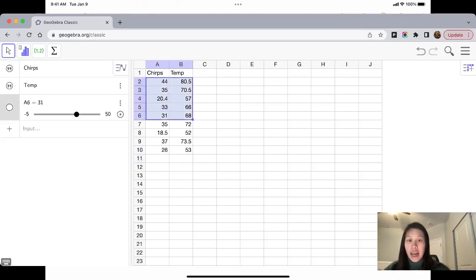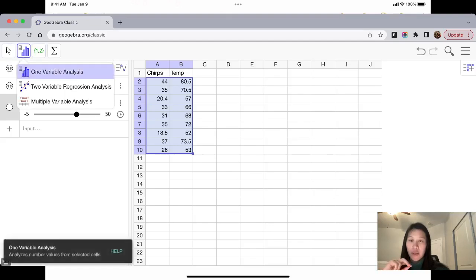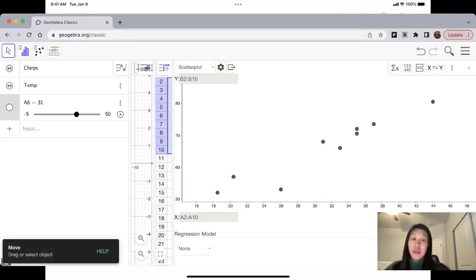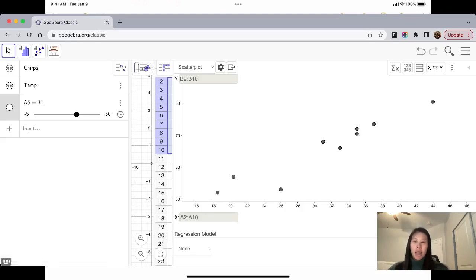When you highlight the data that you input on your left, you will see a bar. You click on the bar, and they have one variable analysis and two variable analysis. Pick two variable analysis, and then it will give you the scatter plot. When you look at this scatter plot, what is your first thought?